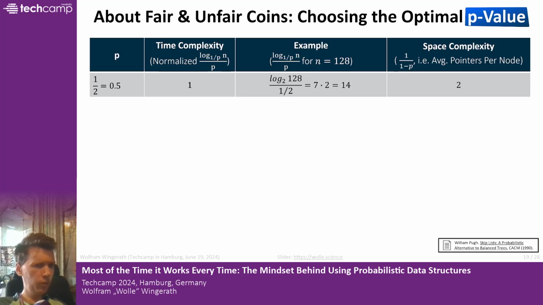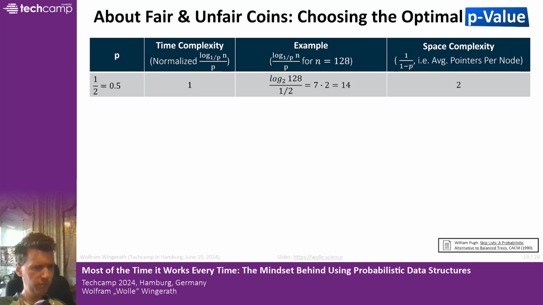What you see is that with 50% promotion probability, here are the formulas for computing, for example, the time complexity and the space complexity. And here the interesting part is this here, because it's divided by the, here I just made examples for list size 128, and it's normalized so that we have some factor to do relative comparisons of the p probability.